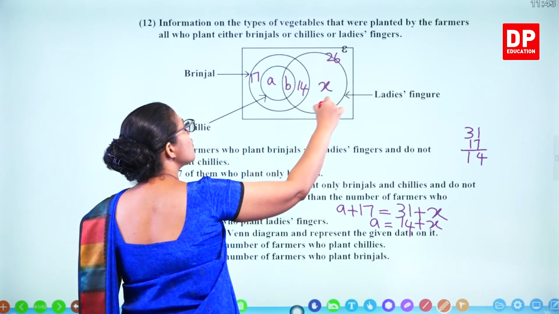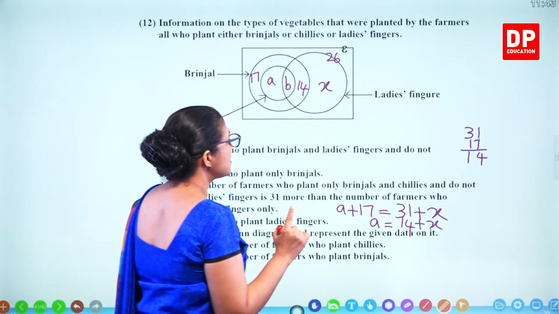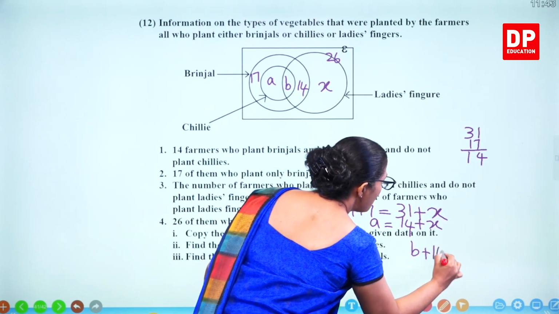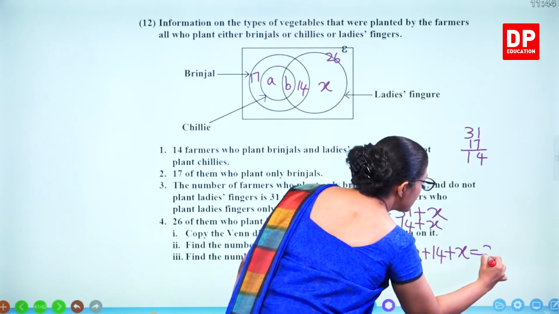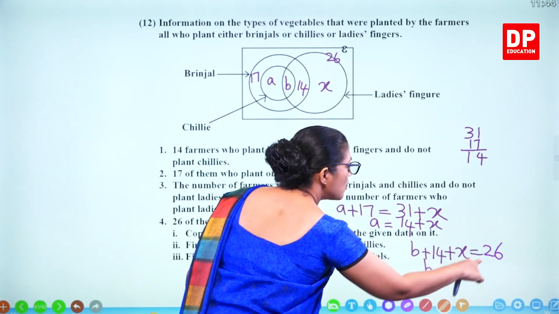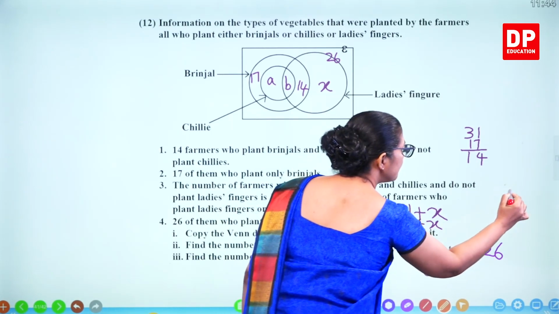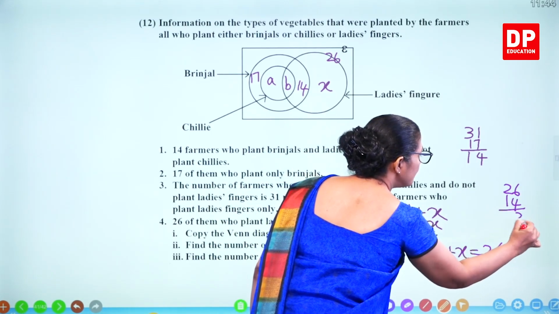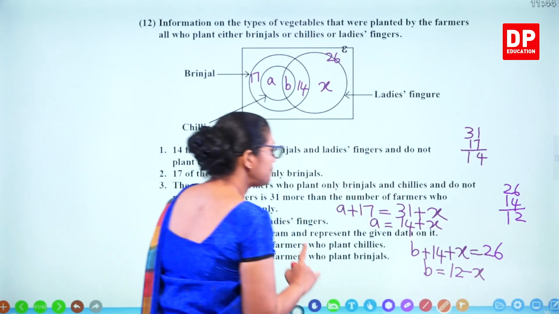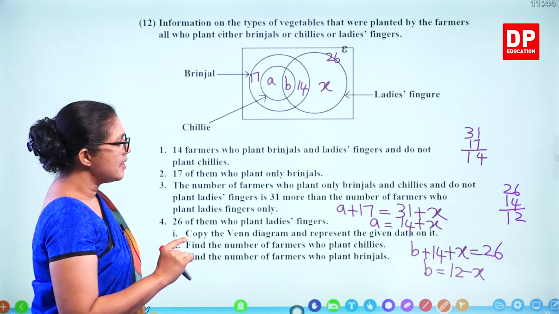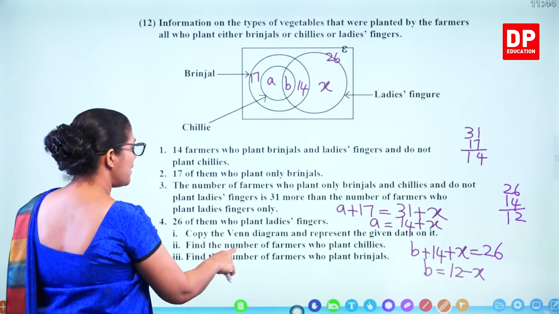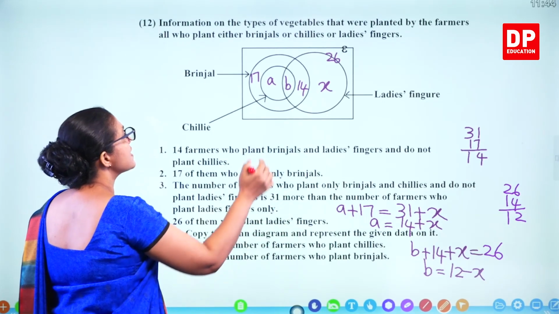We can write another equation using this one. So altogether this is 26. So what is that? B plus 14 plus X is equal to 26. So what is B? 26 minus 14. 12 minus x. We have 14 plus x and 12 minus x for A and B. Now in this question, find the number of farmers who plant chilies.